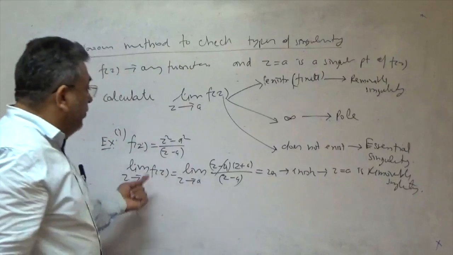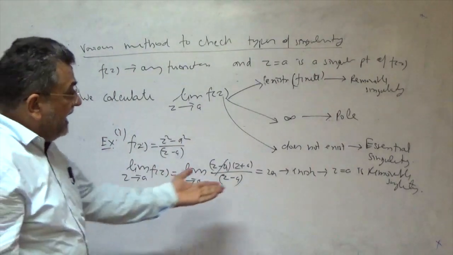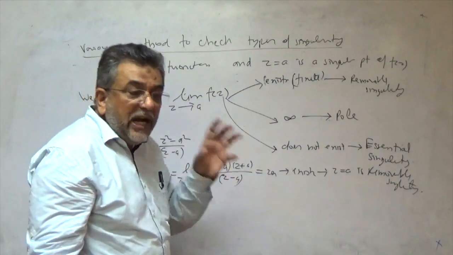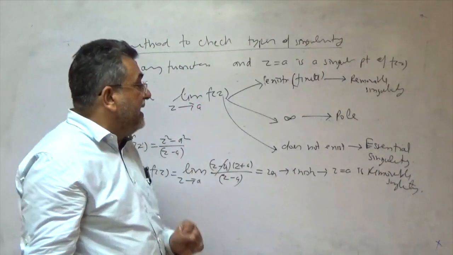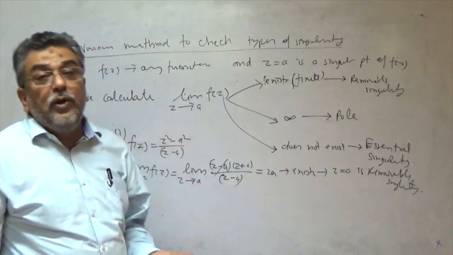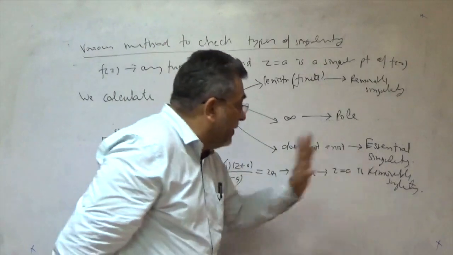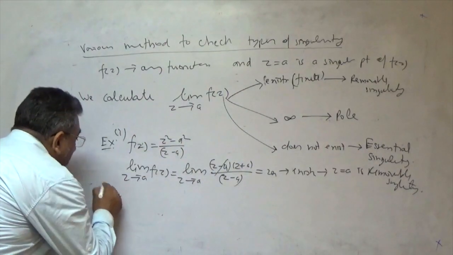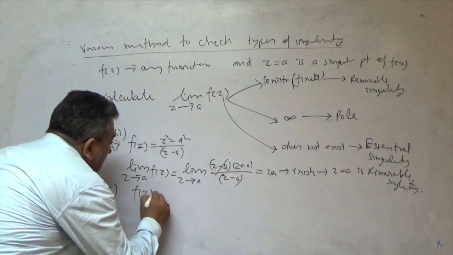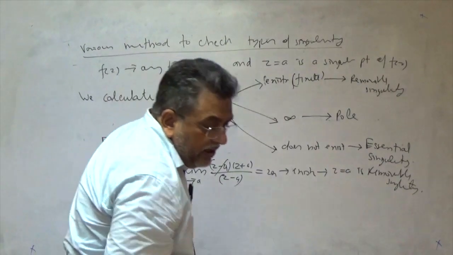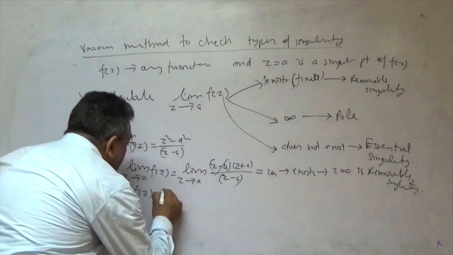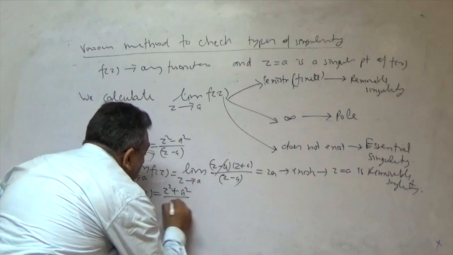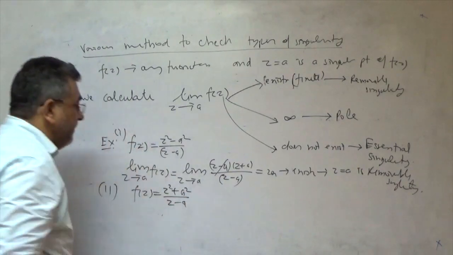This is the first possibility. The function is given, you find the limit at point a. The value of the limit is 2a, that means the limit exists, the value is finite. So z equal to a is a singular point here, but it is a removable singularity. Similarly, second case, take the function f(z) equal to (z square plus a square) upon (z minus a).